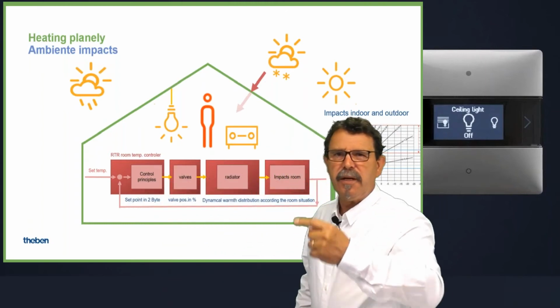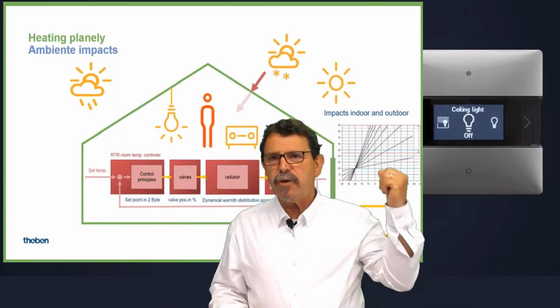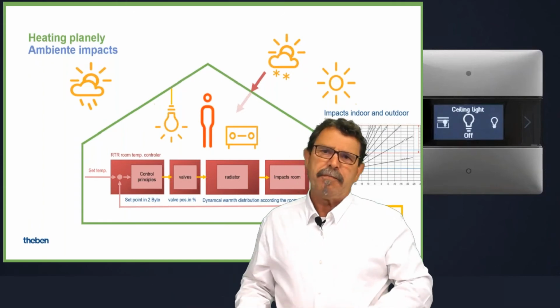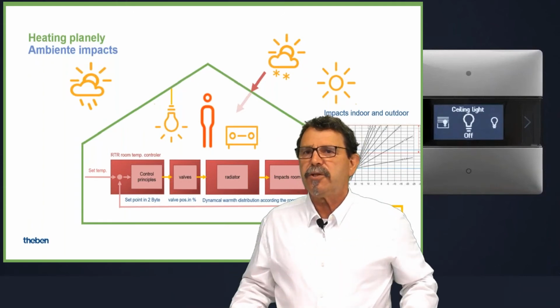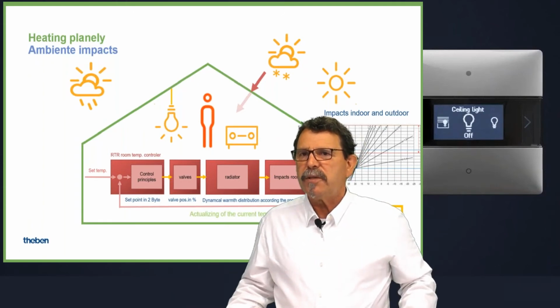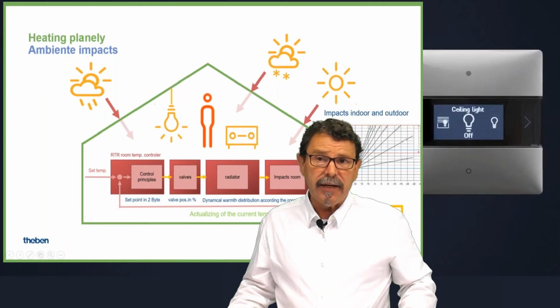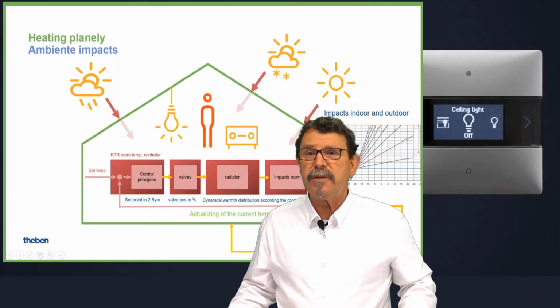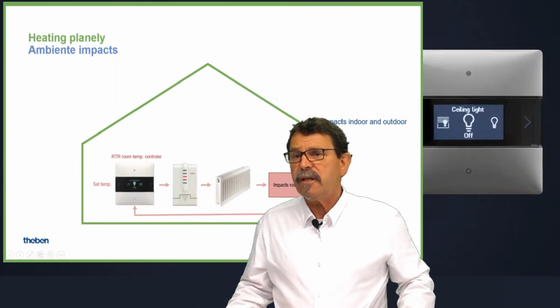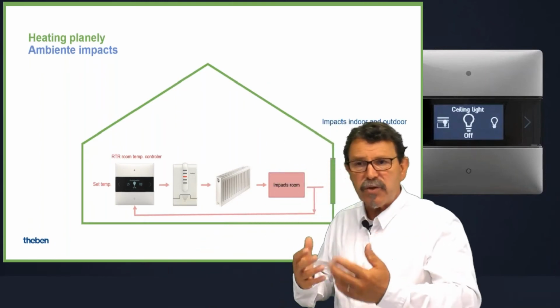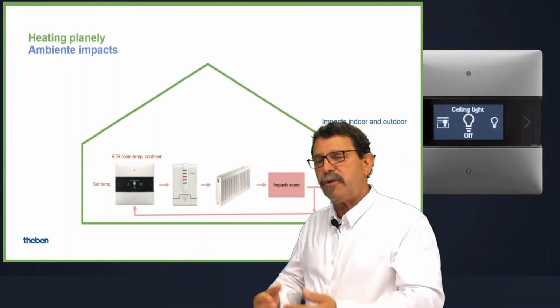If there are modifications, like a window open, the temperature drops. Permanently the room temperature controller is measuring how the situation currently is. This is done by a perfect room temperature controller.